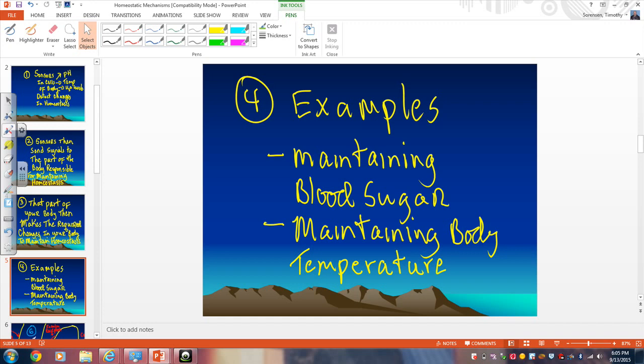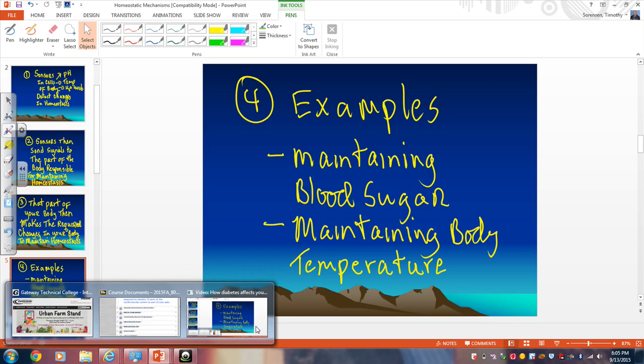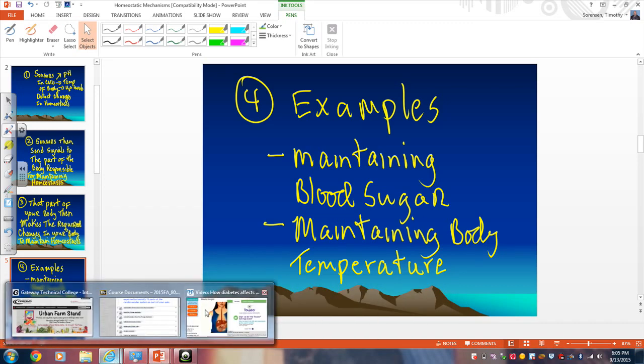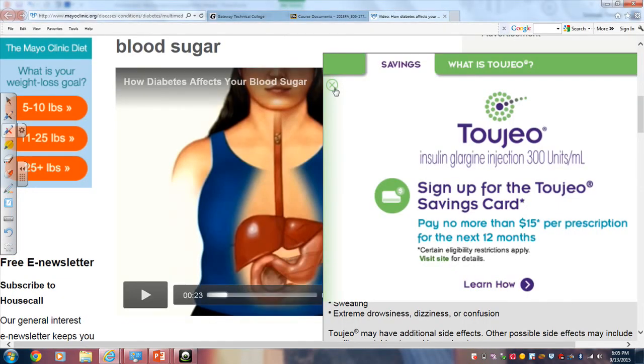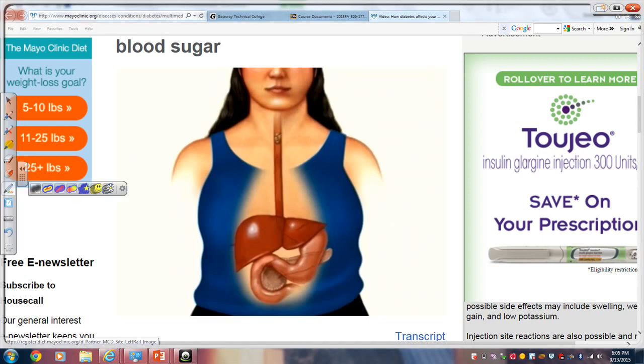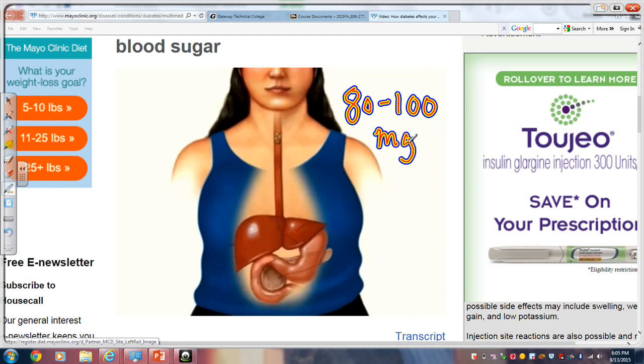So the first example I'm going to give you is blood sugar. And remember that the goal of the body is to maintain homeostasis. So if you look here, look at our little video. So real quick, homeostasis for your blood sugar should be between about 80 and 100 milligrams per deciliter.